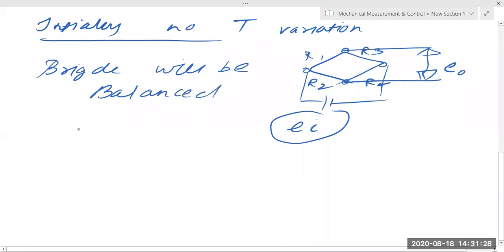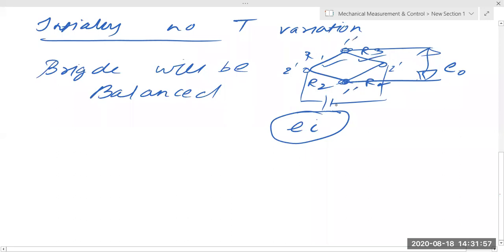If the bridge is balanced, you can write it in either way: R1 by R2 is equal to R3 by R4, but you can even write R1 by R3, because you are measuring across R3 and across these 2 terminals. Suppose this is 1 dash 1 dash and this is 2 dash 2 dash. You are supplying the input voltage across 2 dash and measuring your output across 1 dash and 1 dash.